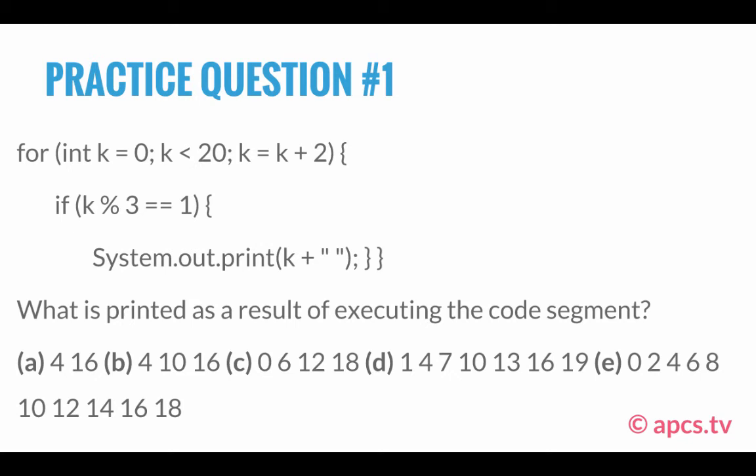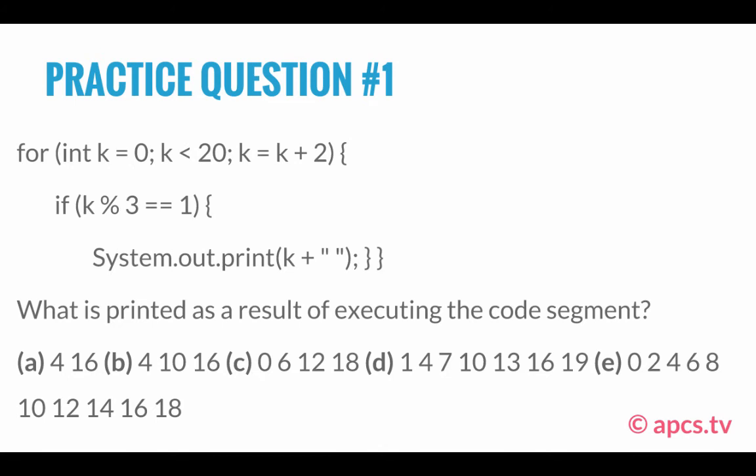So now it goes from 4 to 6. So now the value of k is 6. So we check, is 6 less than 20? 6 is indeed less than 20. So next, now that we know that 6 is less than 20, we're going to go to the if statement again. And with the if statement, we say 6 modulus 3. 6 modulus 3 is equal to 0 because 6 is divisible by 3.